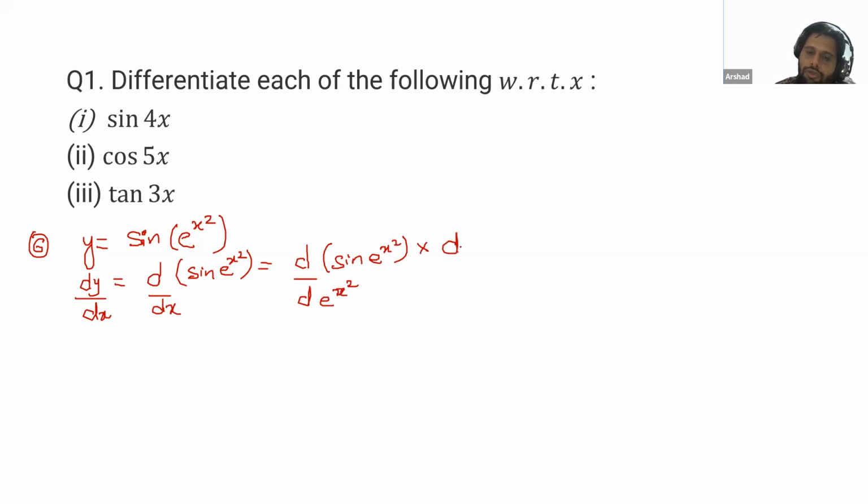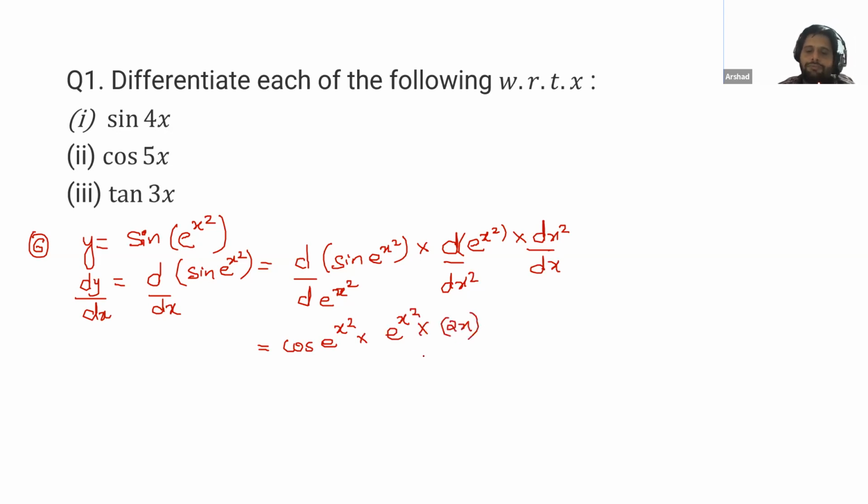Then differentiate e^(x square) with respect to what? You need to differentiate this exponential, that's why with respect to x square. Then finally you need to differentiate x square with respect to x. So here you will get cos e^(x square) into exponential e^(x square) into 2x.